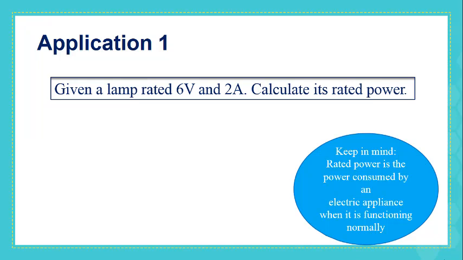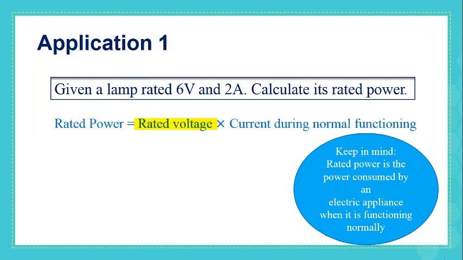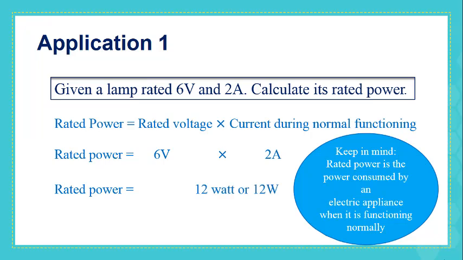To calculate the rated power, we have to multiply the rated voltage of the lamp by the current carried by this lamp during its normal functioning. In this case, the rated voltage is 6 volts and the current carried during normal functioning is 2 amperes. 6 volts times 2 amperes is equal to 12 watt. So, the rated power is 12 watt.